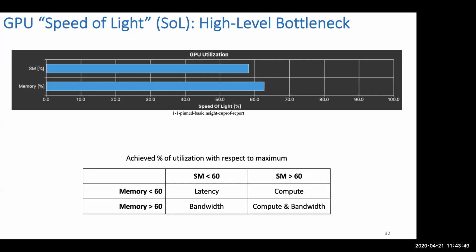It's similar with memory. It's definitely possible to achieve more than 60%, but once you're getting above that region, you're basically saying, wow, we really have enough compute to keep the GPU busy. And probably if we had less compute, the program would go even faster. So I hope that makes some sense there.